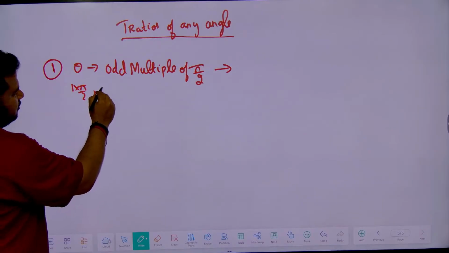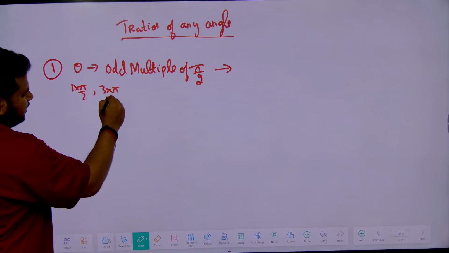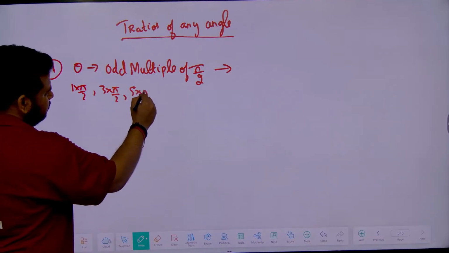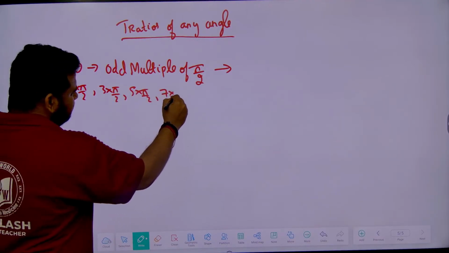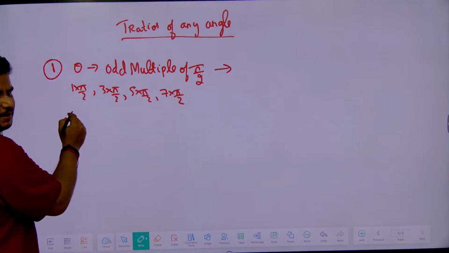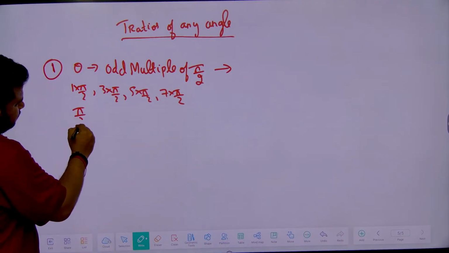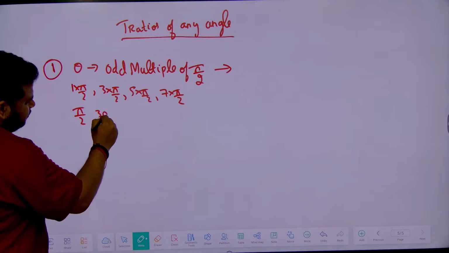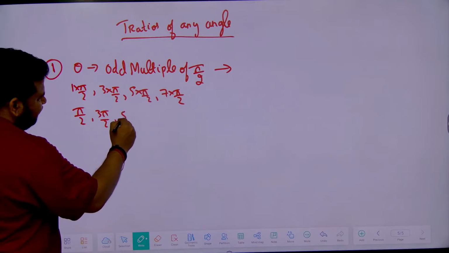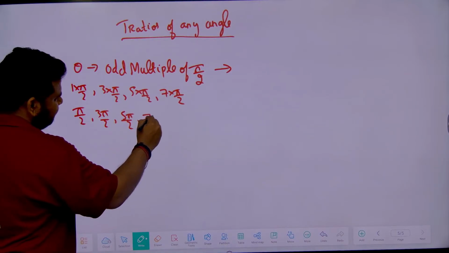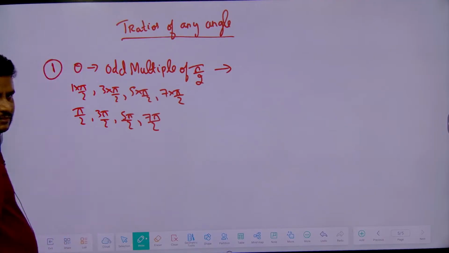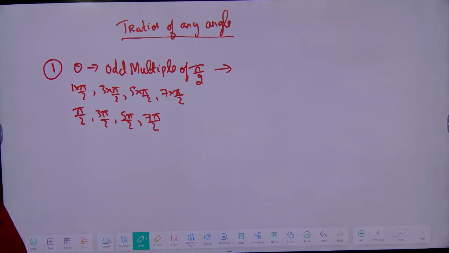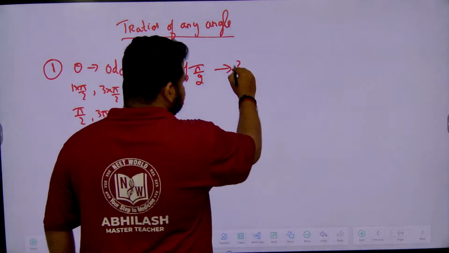Next 3 into pi by 2 is 3 pi by 2, 5 into pi by 2 is 5 pi by 2, 7 pi by 2, like that. If you are writing like this, whenever sine is there, it will become cos.